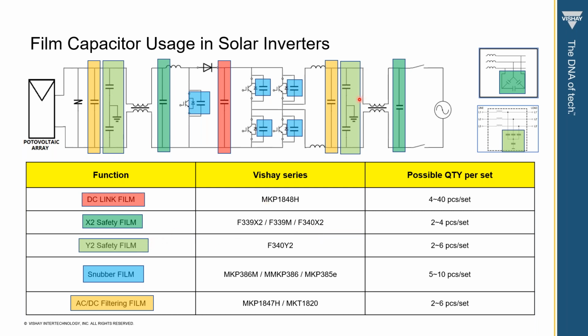For the Y2 safety cap, we have the F340Y2 cap. For snubber, we have the MKP3X6M, MKP3X6, and the MKP3F5E series. For the AC and DC filter film cap, we have the MKP1847H and 1KT1820 series.